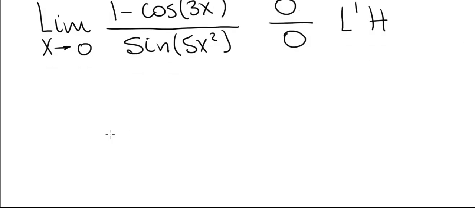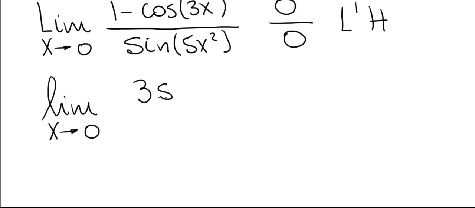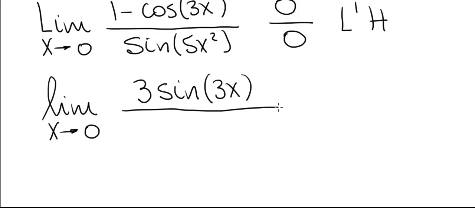So we'll evaluate the next limit, which is limit x approaches 0 of the derivative of the numerator, which is 3 times sine of 3x over the derivative of the denominator, which is 10x times cosine of 5x squared.